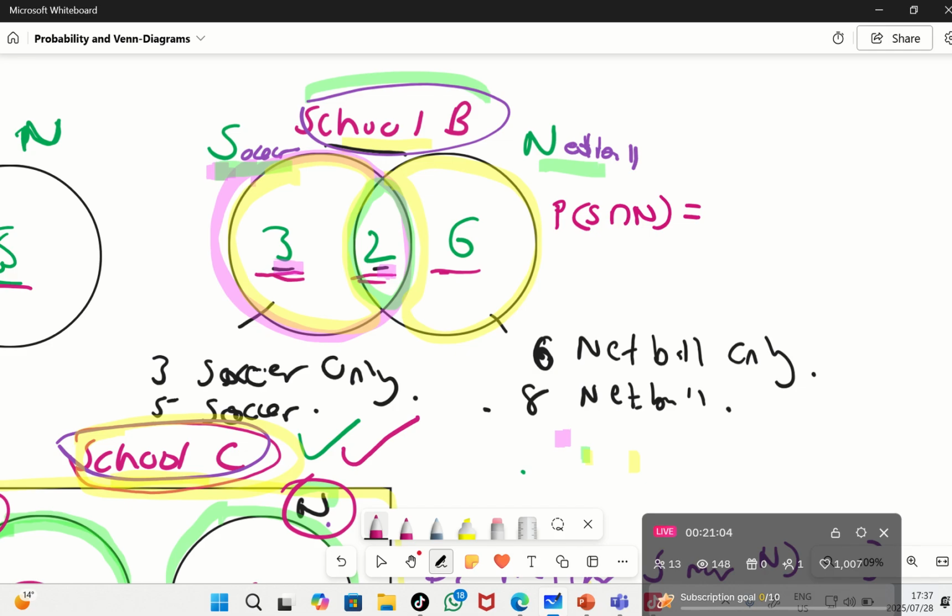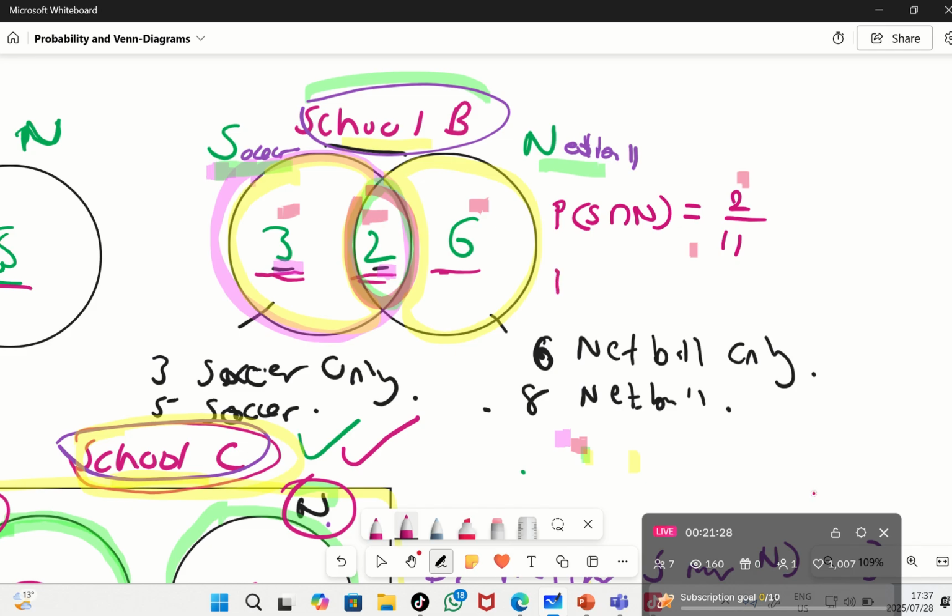What is the probability that the learner plays soccer and netball? It is 2 over the total number of learners, 11. How many students play both soccer and netball? We've got 2 students, so put the 2. And what is the total number of learners in the school? 3 plus 2 plus 6 gives us 11.